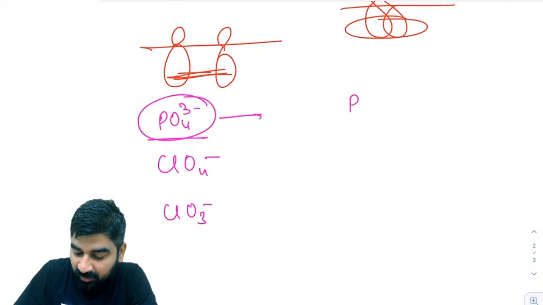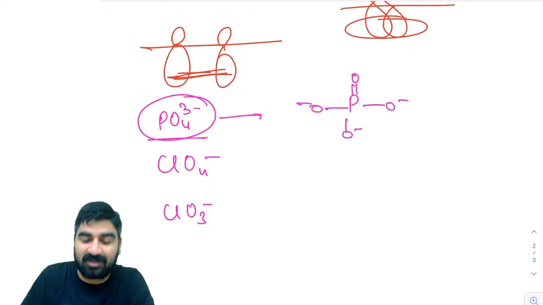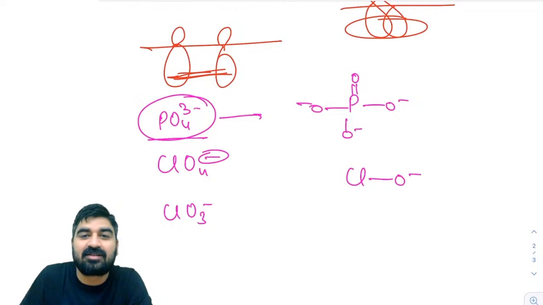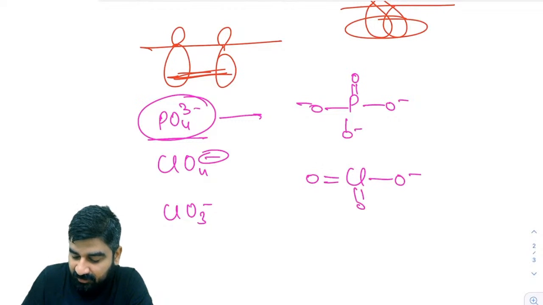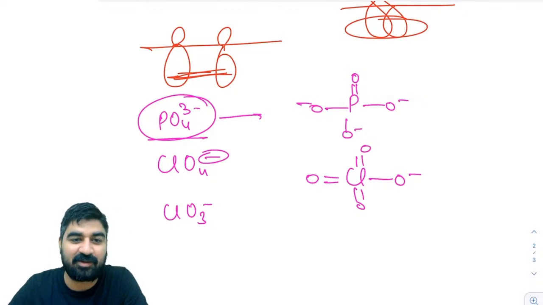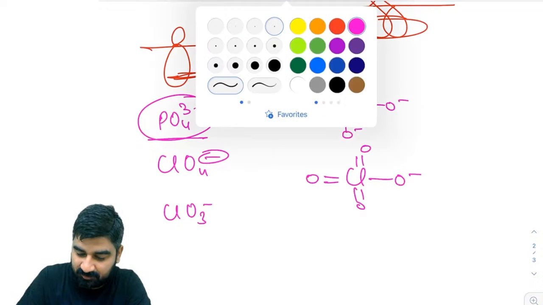So I will make one double bond and 3 single bonds and write O minus. It is having only one minus, so I will make only one O minus, and the rest of the oxygens I will connect through the double bond. You will never make a mistake if you remember these things this way.